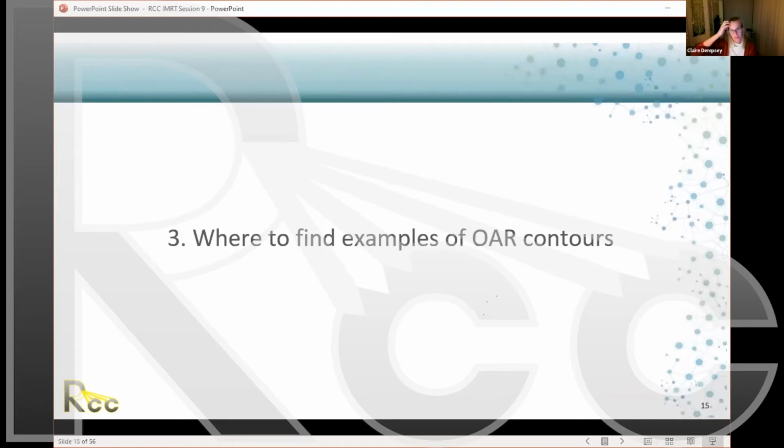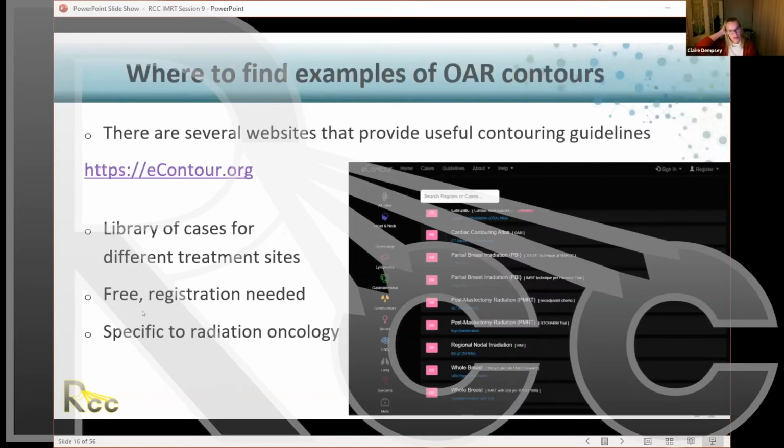So I'm just going to give you now a couple of examples of websites and different places you can go in order to look at organ at risk contouring atlases and some different websites where you can practice contouring. So this website I think is probably the most useful. So it's the econtour.org website. It has libraries of cases covering different treatment sites.